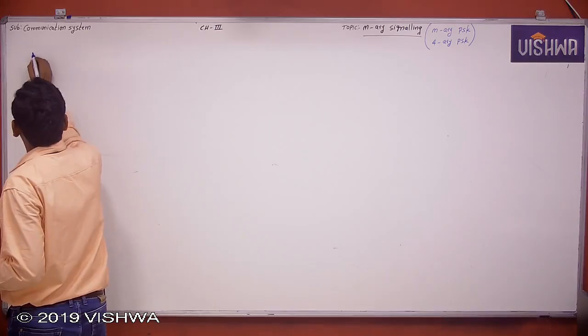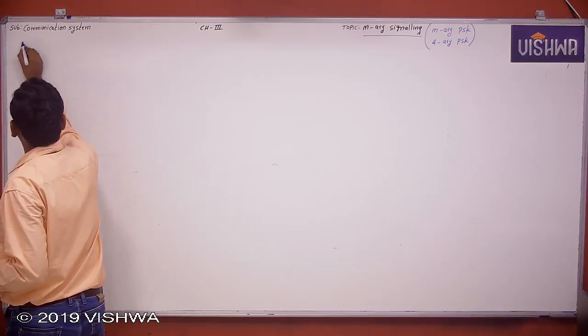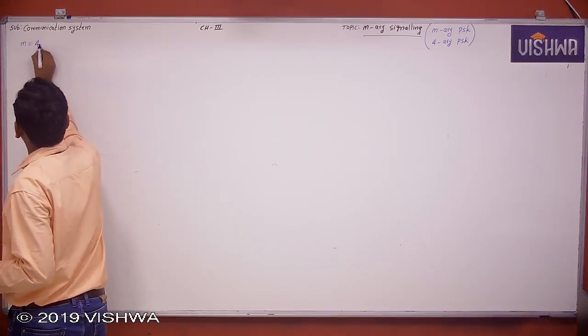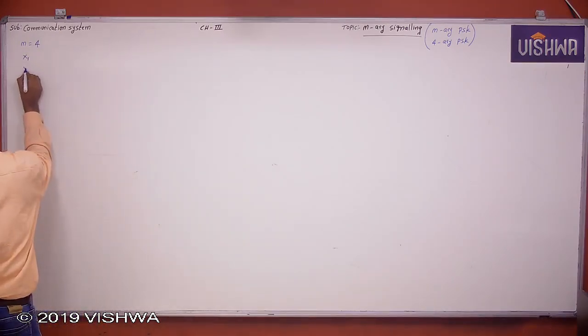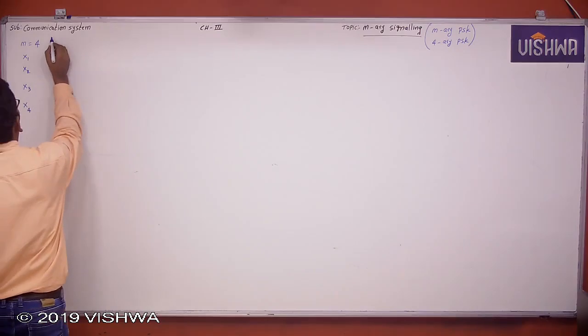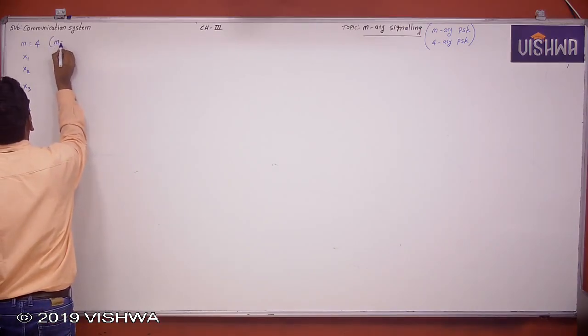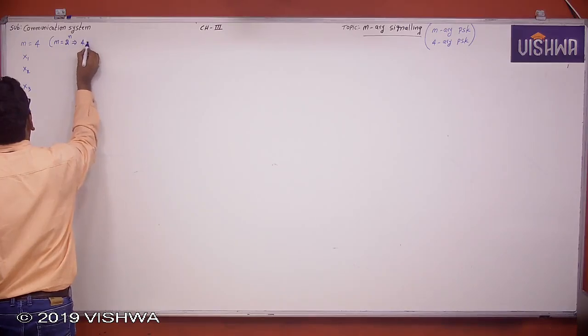Now M equal to 4 means total 4 symbols: X1, X2, X3, X4. M equals 2 power n, so 4 equals 2 power 2.